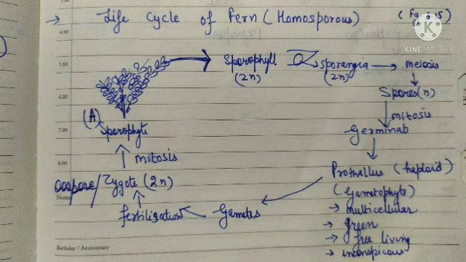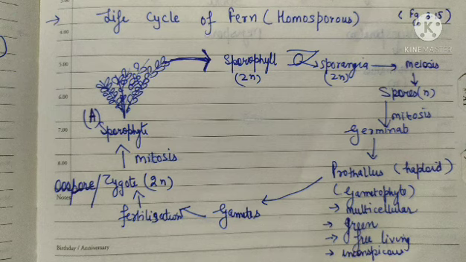Now the sporophyte is diploid. The sporophyll, which is a part of the sporophyte, is also diploid. The sporangia are also diploid. Now in this sporangia, spore formation will take place by meiosis cell division, and after that spores will be formed. And since the spores are formed by meiosis, the spores are haploid.